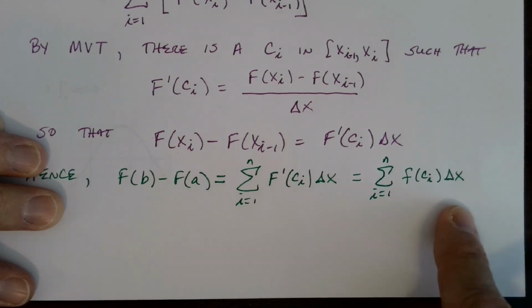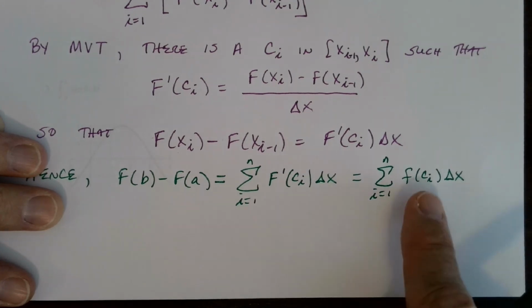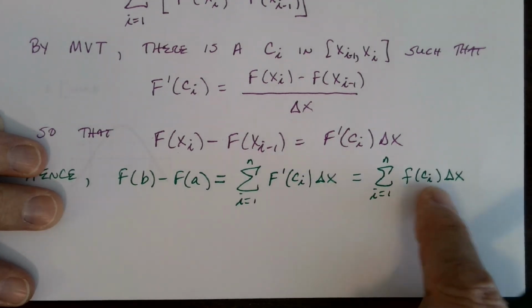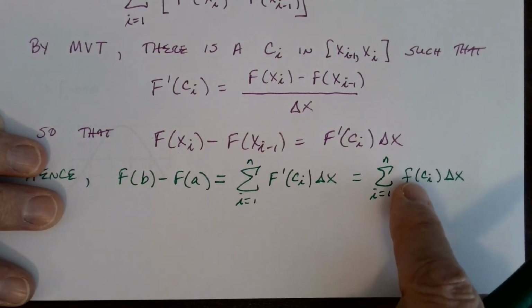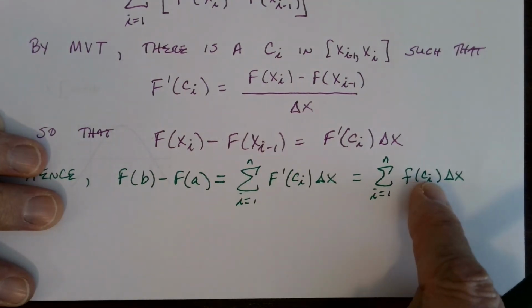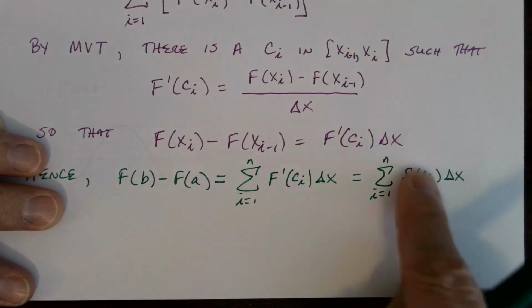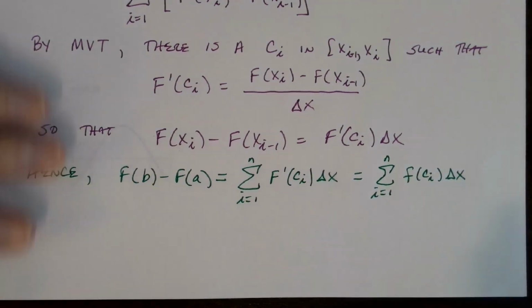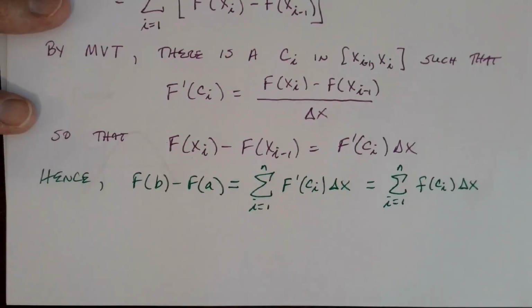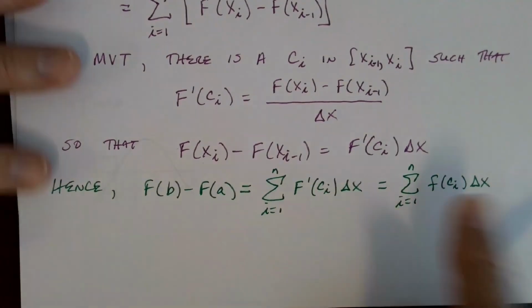This is a Riemann sum. Think about the f of c sub i times delta x. These are like the rectangles. The height of the rectangle is found by the point c sub i on the subinterval. f of that gives me the height times the width, delta x. That's the area of the rectangle. Add them all up. It's that same idea that we developed. It's a Riemann sum.